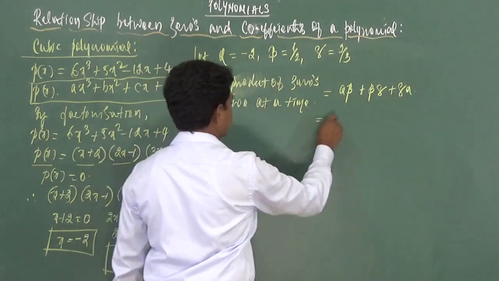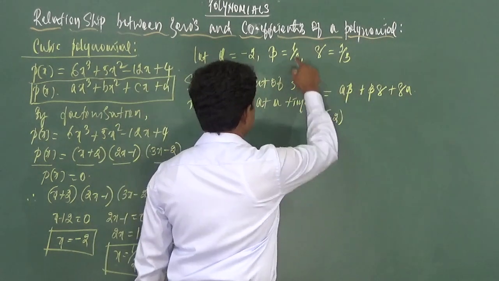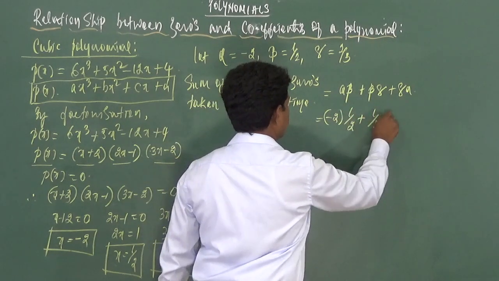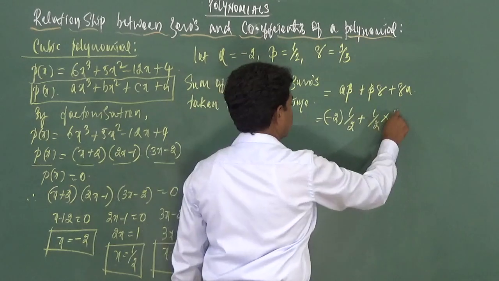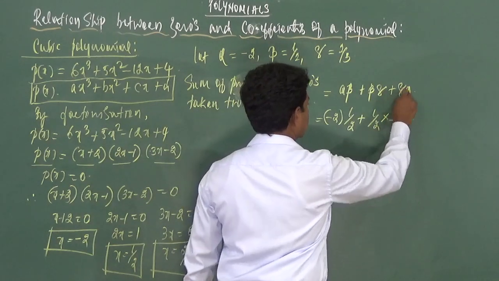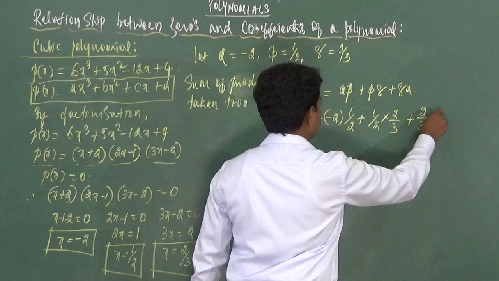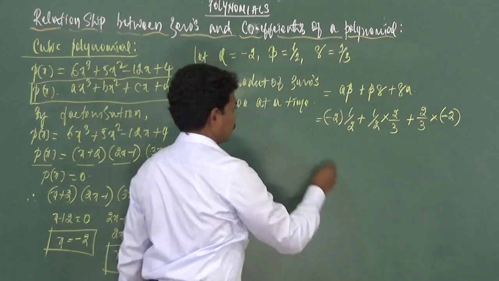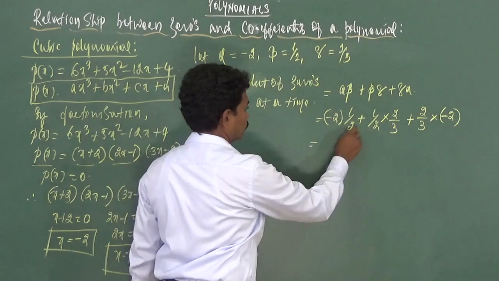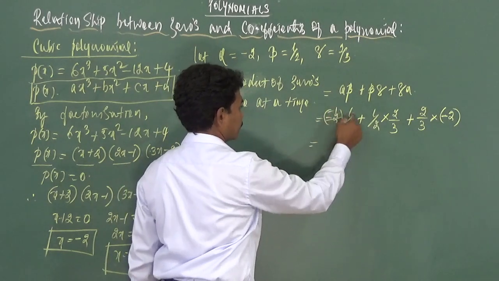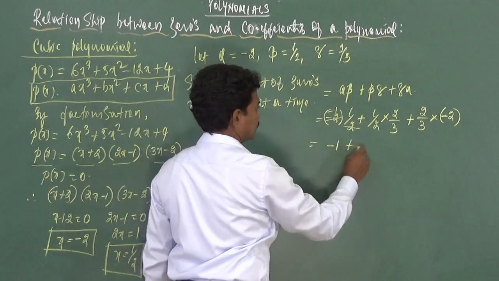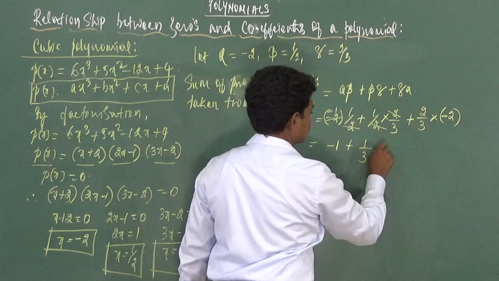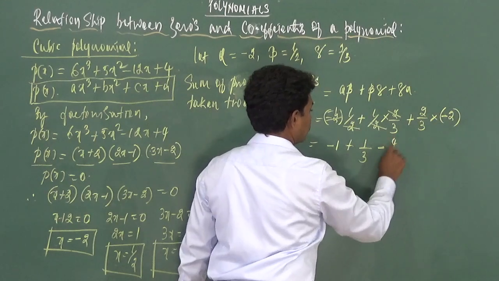Alpha is minus 2 into beta is 1 by 2, plus beta is 1 by 2 into gamma is 2 by 3, plus gamma is 2 by 3 into alpha is minus 2. So we have got the values. So minus 2 and 2 get cancelled, that is minus 1. Minus 1 into 1 is minus 1, plus 2 gets cancelled, that is 1 by 3, plus 2 by 3 into minus 2, 2 twos are 4 by 3.